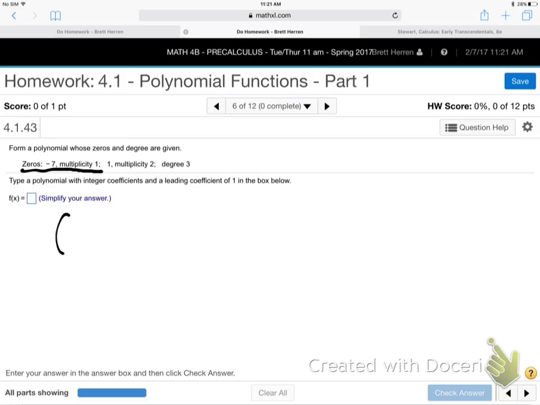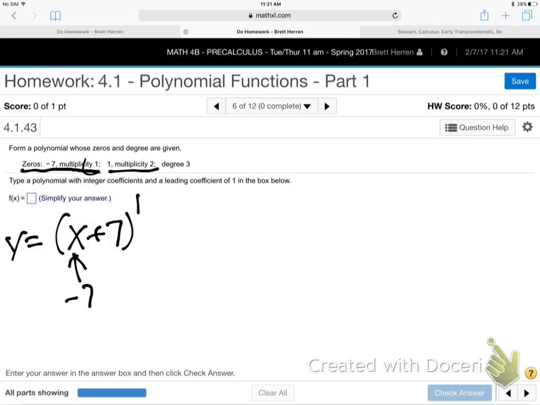So the minus 7, that's going to be x plus 7 to the first power. Does that make sense so far? Opposite sign, right? So that if you put in a minus 7, it would make that one 0. It's a 0. And the multiplicity means the power. All right.